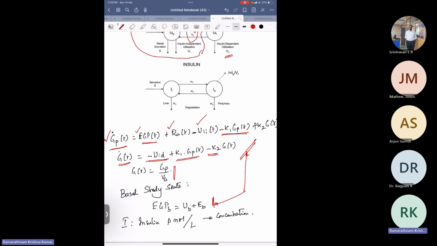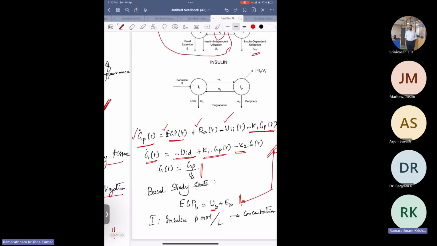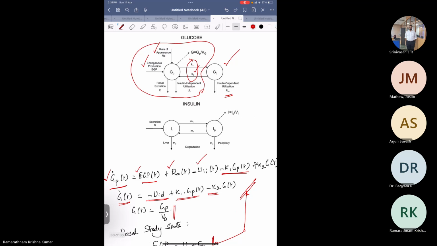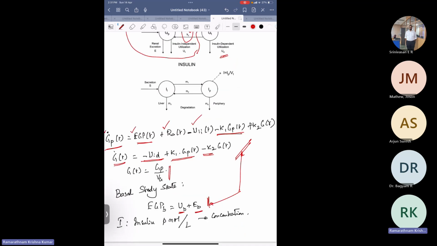The basal endogenous glucose production is the sum of two things. One is the glucose utilization, plus the renal extraction, which may be zero in ordinary cases. In diabetes cases, it may not be zero. So there's a basal. This is physiology, that something is extracted if it happens to be that.